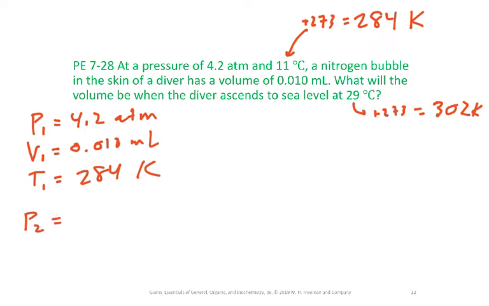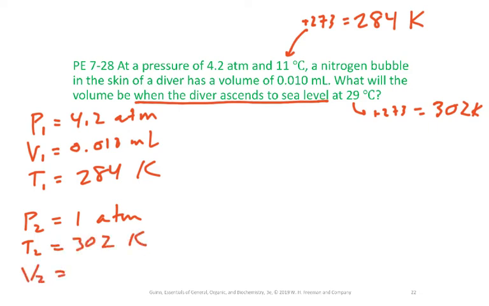Okay, well, it's not given in the question, but it says the diver ascends to sea level, and the pressure at sea level is 1 atmosphere. T2, 302 K, and V2 is question mark. Okay. And the volume here is given in milliliters, so whatever answer we get out will be in milliliters.